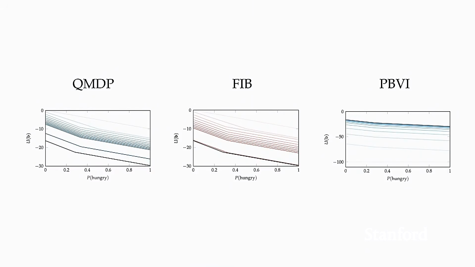That's a good question. I don't know for sure. My gut instinct would be no, because they seem kind of unrelated, and it probably very much depends on what belief points you ended up picking for point-based value iteration. So yeah, good question. I don't know for sure if there's actually a pattern there or a reason, or if it just happened to be that way for this problem.